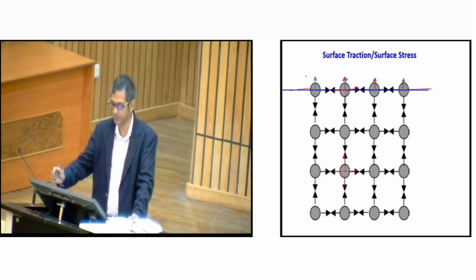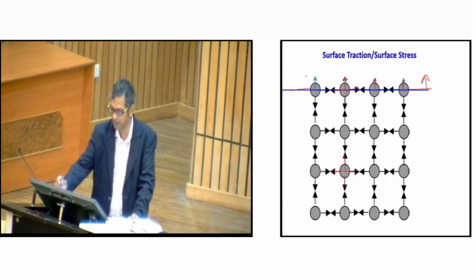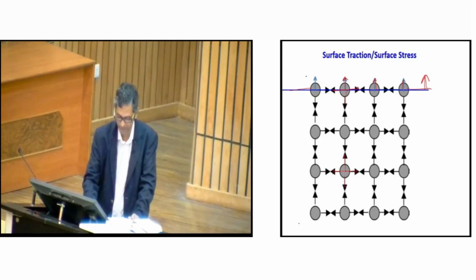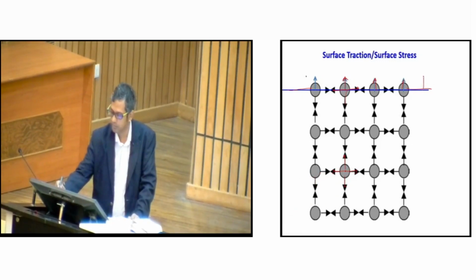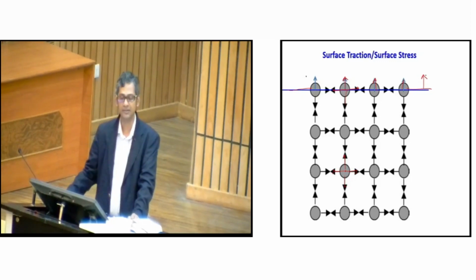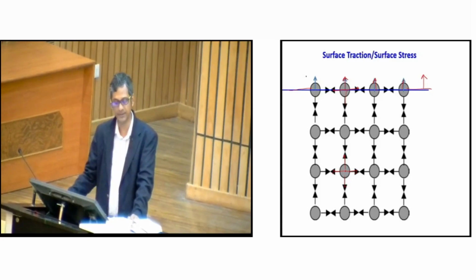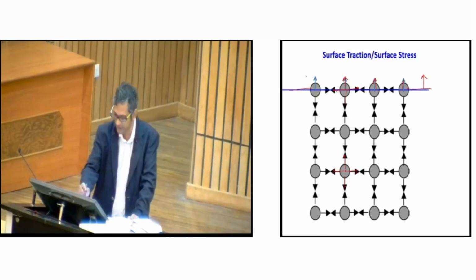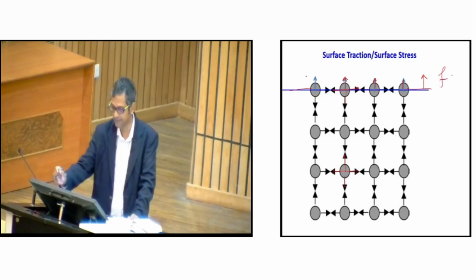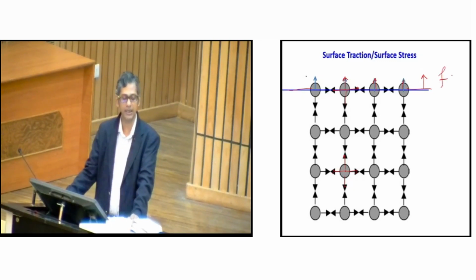Why is it perpendicular to the surface? This is the surface, this is the perpendicular. That is the direction in which the force is acting, and the force is acting on each of these atoms, and thus the force is F. Am I clear?